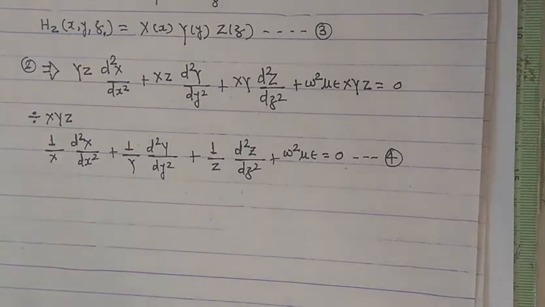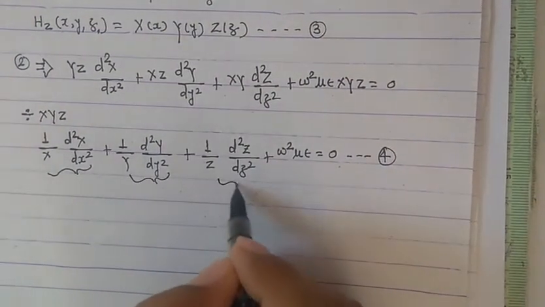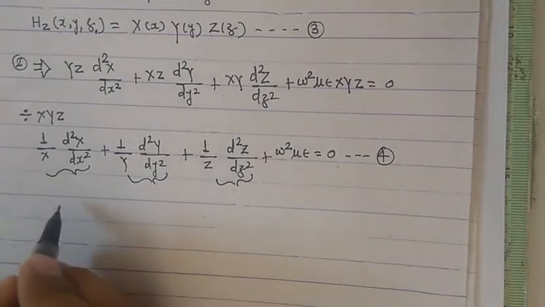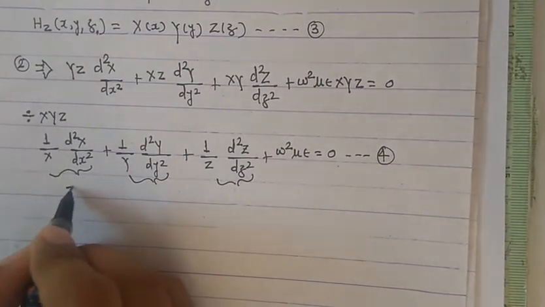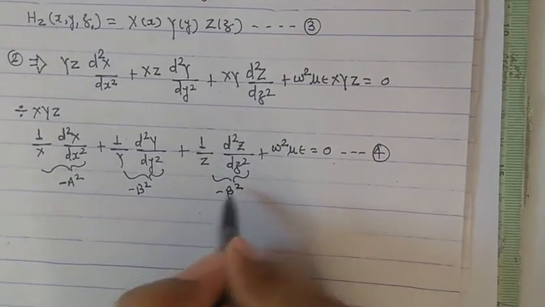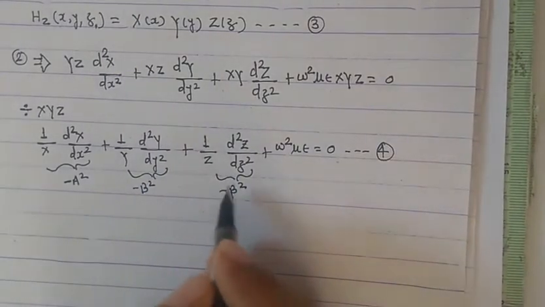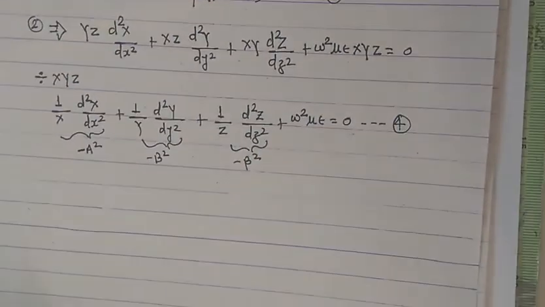Now, as we have assumed these terms should be satisfied for every value of x, y, and z, so they should each equal some constants. So we have assumed this as minus a square, this as minus b square, and this as minus beta square. These terms will represent the solution for a standing wave, and this will represent the solution for a traveling wave.